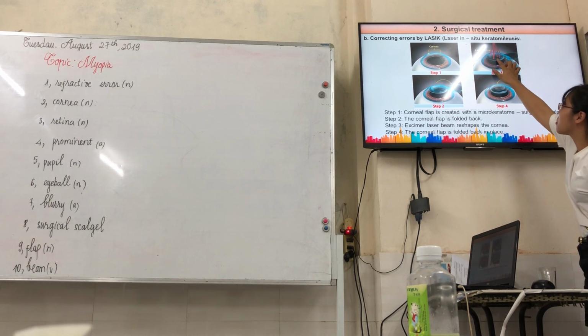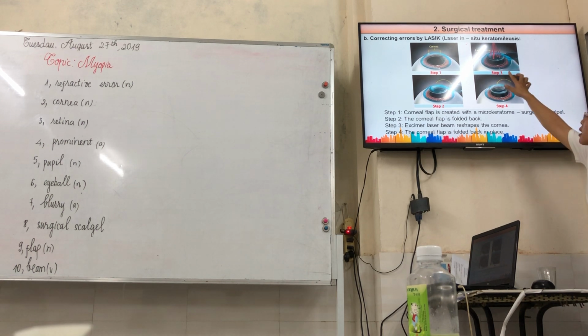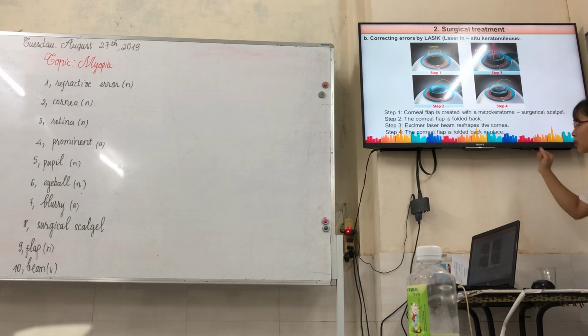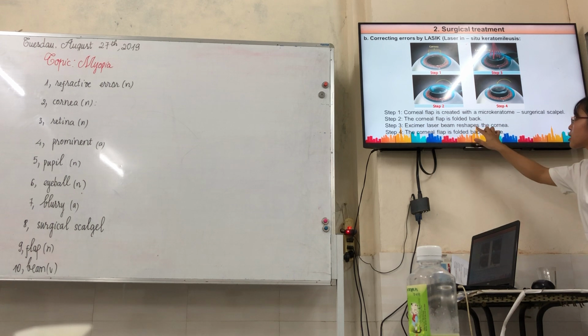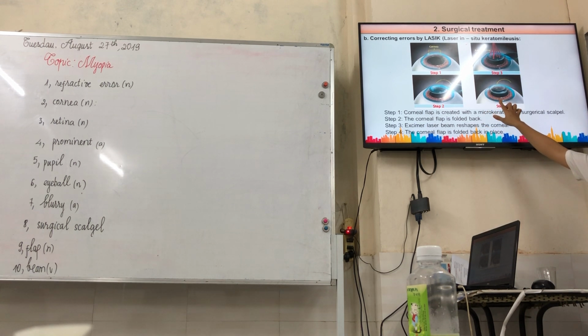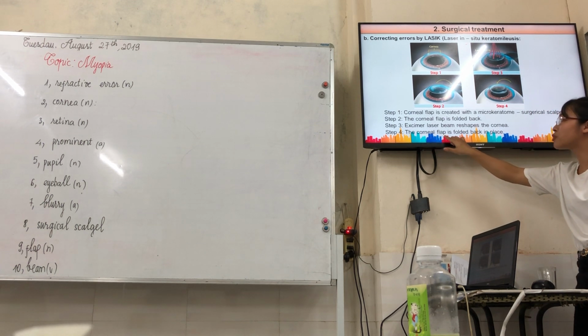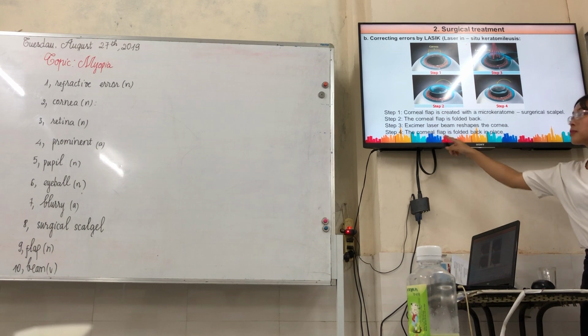They beam the laser onto the cornea to train the size of the retina, and at last they fold this cornea back in order to reset the cornea. And the new thing in this process is they create the corneal flap.